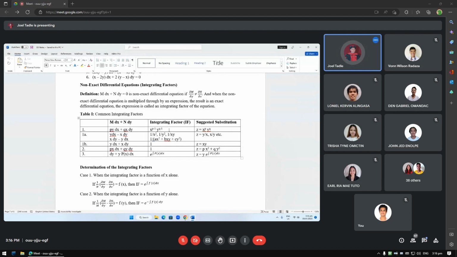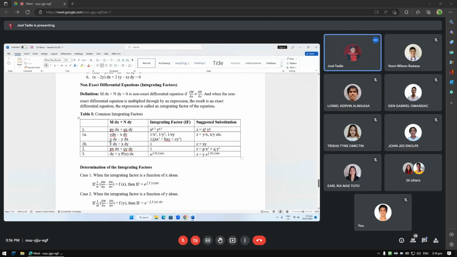So if the expression at the left side of the differential equation is of this form, py dx plus qx dy, this is the integrating factor: x to the power p minus 1, y raised to the power of q minus 1. Then, if the form is y dx minus x dy, our integrating factor could be 1 over x squared, or 1 over y squared, or 1 over xy.